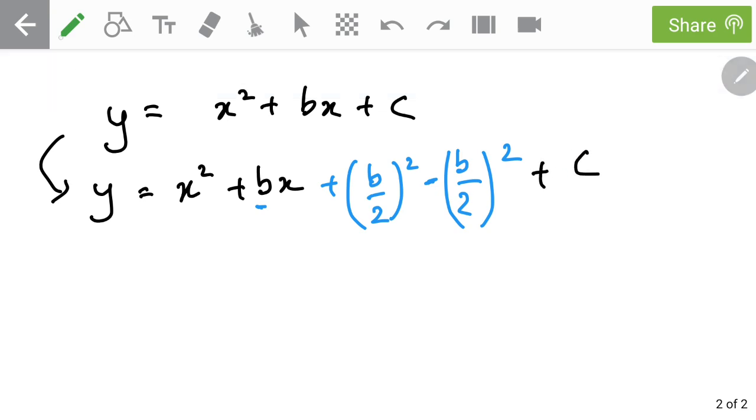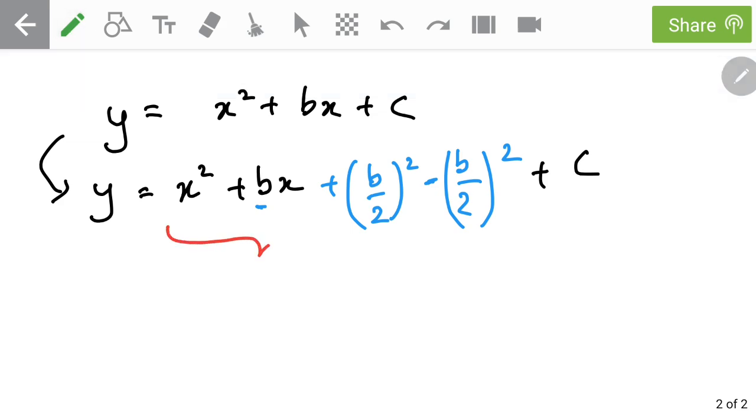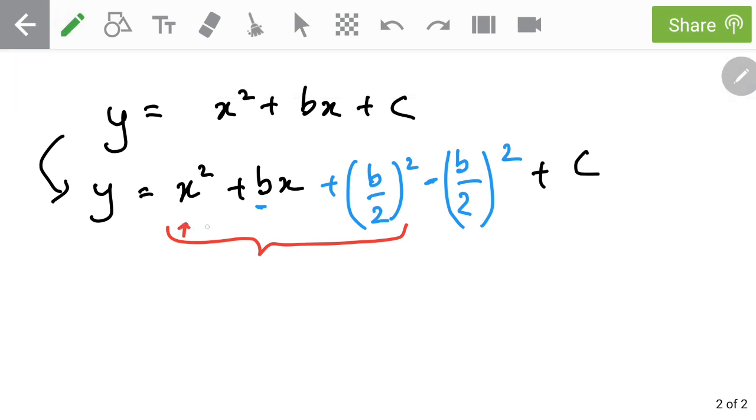And then your function will be simplified, and actually these three numbers here you can factorize into x plus b over 2, squared, and then you can compute this.